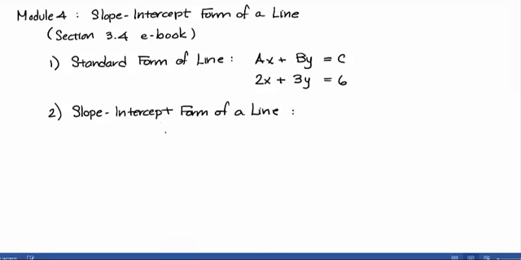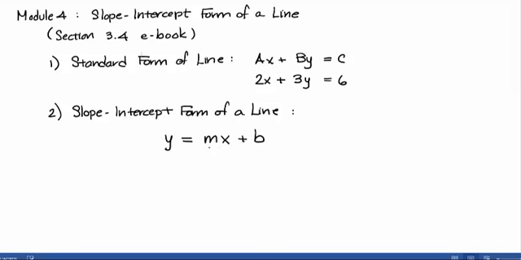In this case, you have y by itself on one side of the equal sign, equals m times x plus b. The reason we call it the slope-intercept form is because we can figure out from this equation very quickly what our slope is and what our y-intercept is.